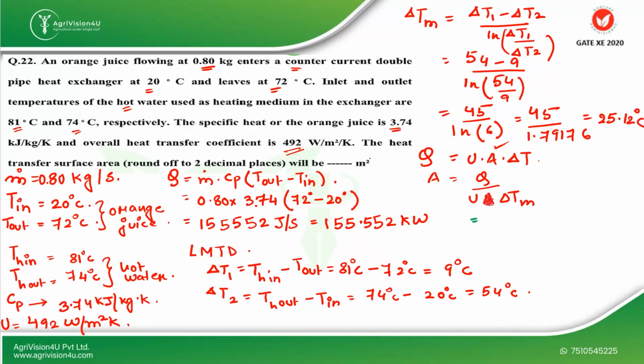Q we have calculated, 155.552 kilowatt. U is 492. Delta T, that is 25.12. So we'll just put the values. The final answer, that means the heat transfer surface area, is approximately 12.58 meter square.